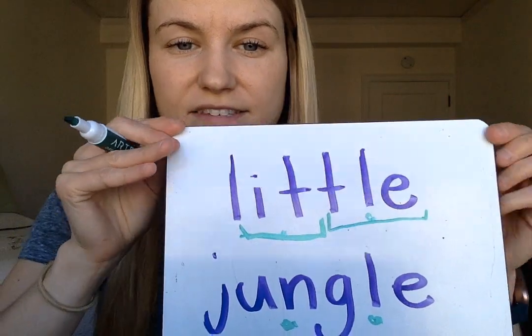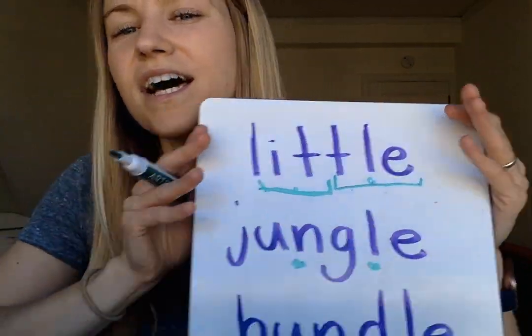That is the consonant letter, which is a T. Consonants are all the letters that are not vowels. So B, C, D, F, G, H, J, K, L, M, N, P, Q, R, S, T, V, W, X, Y is that weird one, Z.